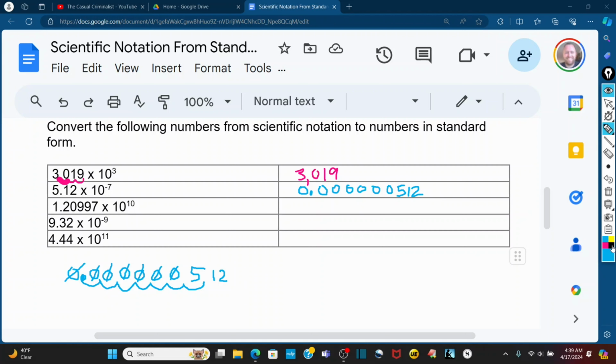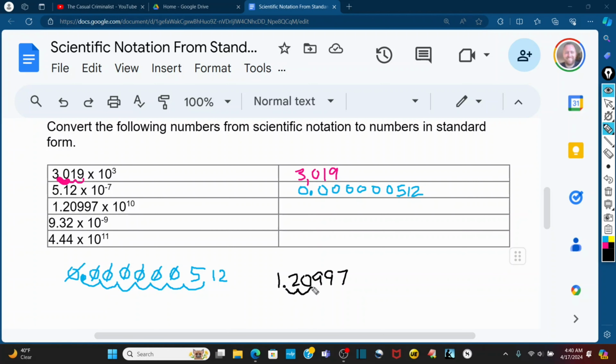Okay, this next one, we're multiplying by 10 to the 10th power. So we're going to start at 1.20997. We're going to move the decimal place right 10 places and add zeros as necessary.